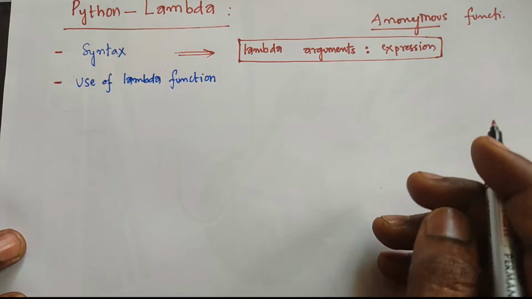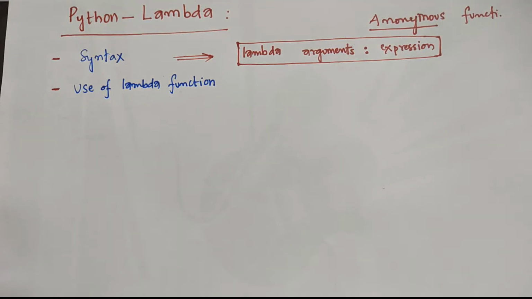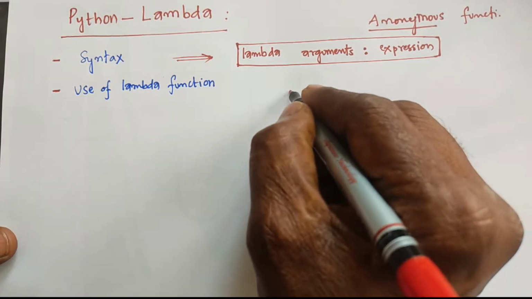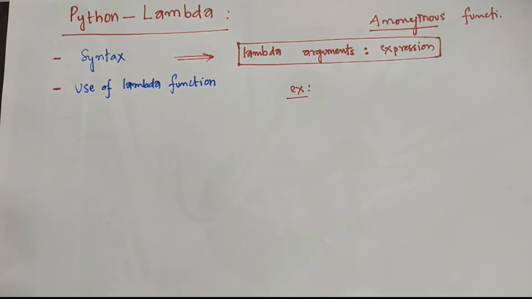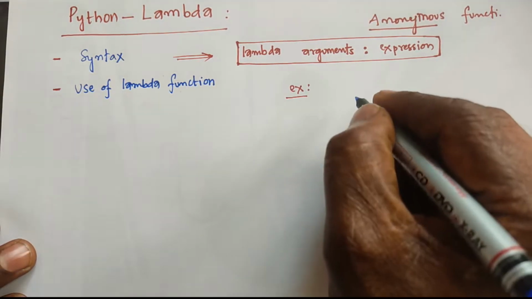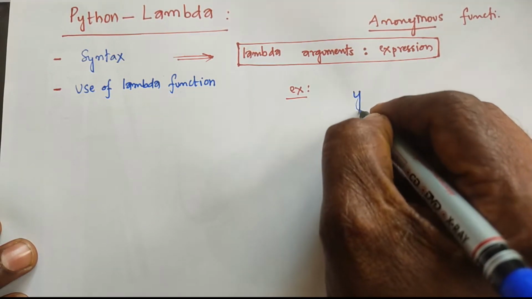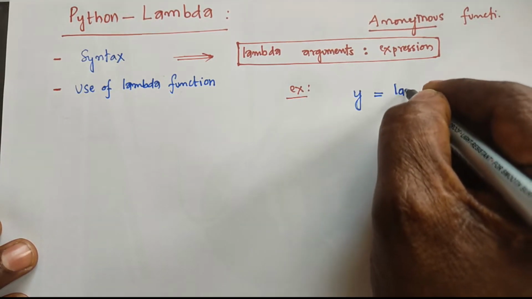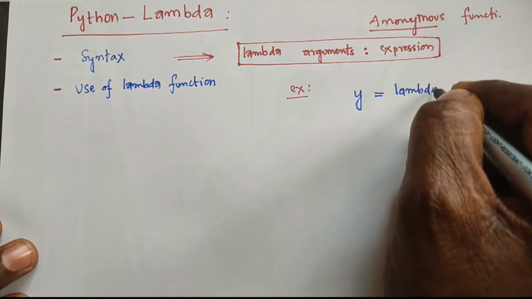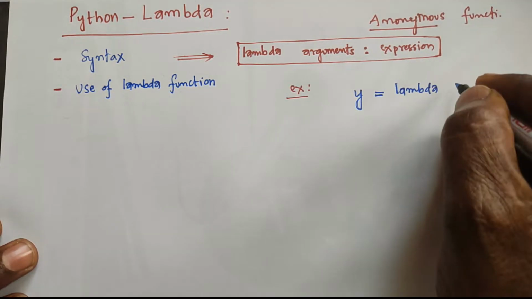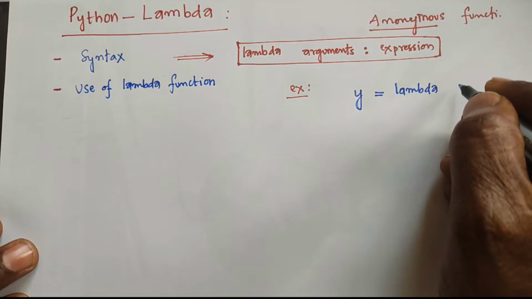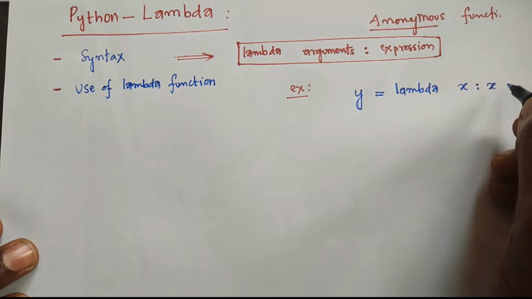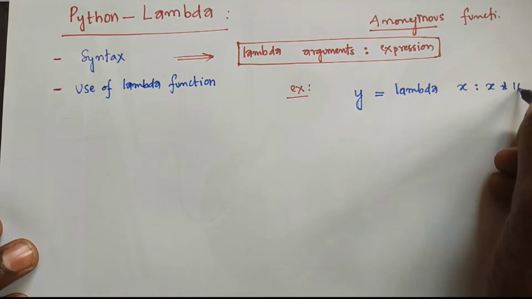Okay, so for example, you have one number, and every time you need to multiply it by something. What is the example for this? I'm writing that the variable is y, I am using lambda, and my argument is, for example, x, colon, x into 10.